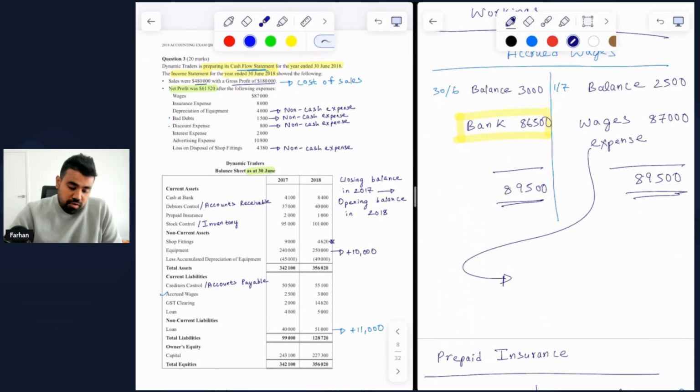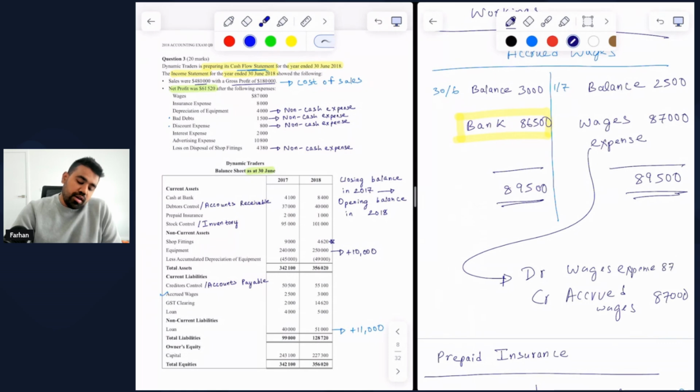This refers to wages that you have already consumed, and therefore you're required to pay them. So what we're doing here is we're crediting accrued wages, if we were to generalize them, by $87,000, and we would debit wages expense by $87,000.